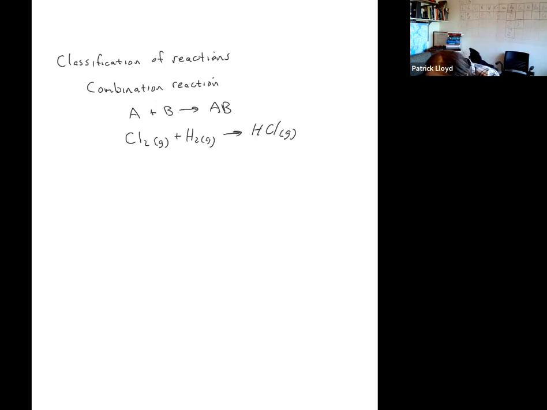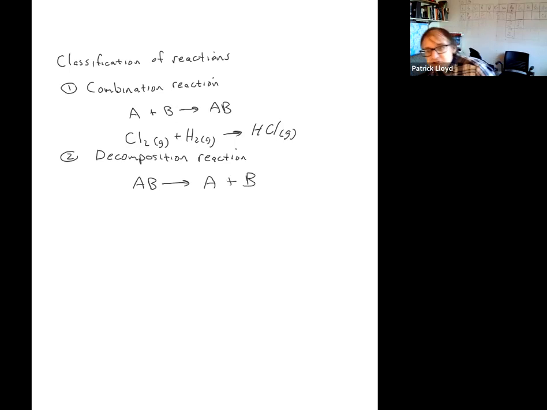There's a second type of reaction, which is called a decomposition. So there's combination, combining, and then there's decomposition. In this case, it's kind of the opposite. What you're doing is you're taking something that's more complicated and breaking it up into two simpler things generally.